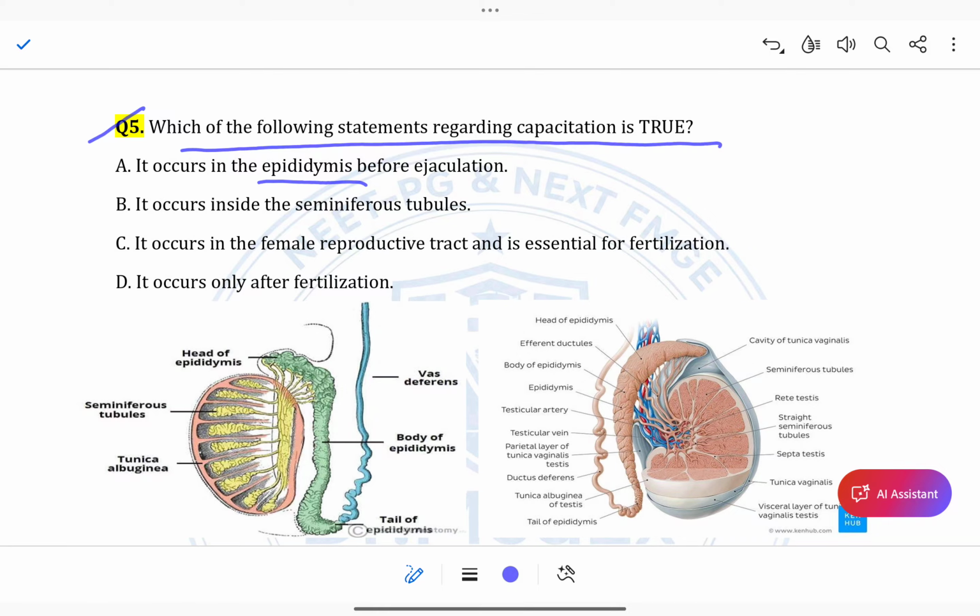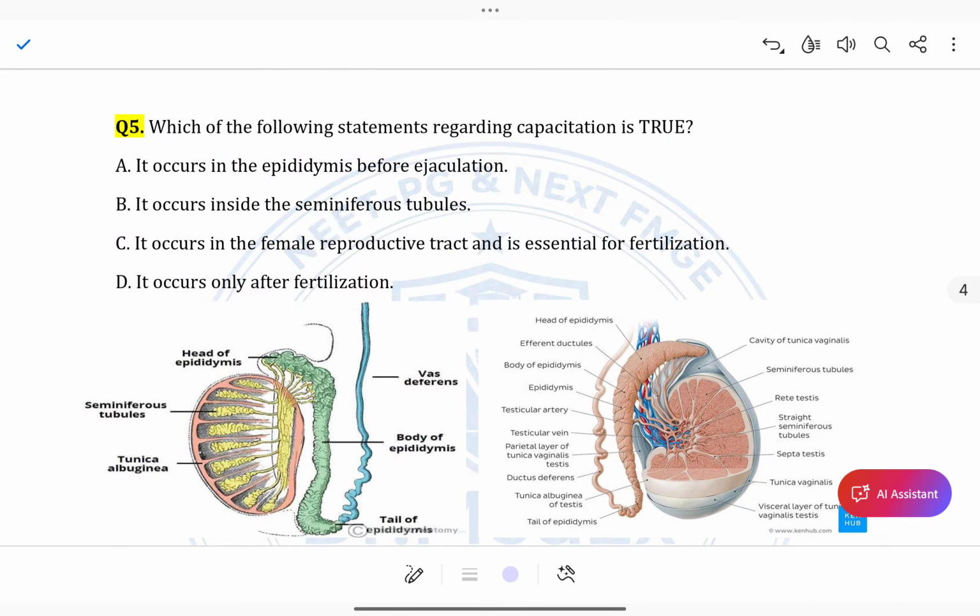Option B, it occurs inside the seminiferous tubules. Option C, it occurs in the female reproductive tract and is essential for fertilization. Option D, it occurs only after fertilization. So what will be the answer? The best answer is option C.